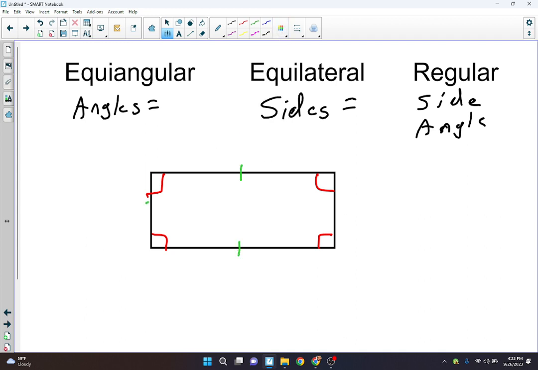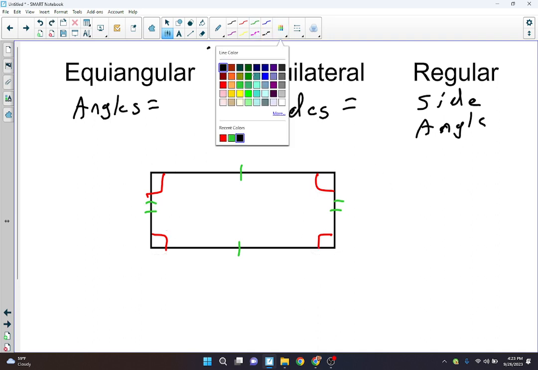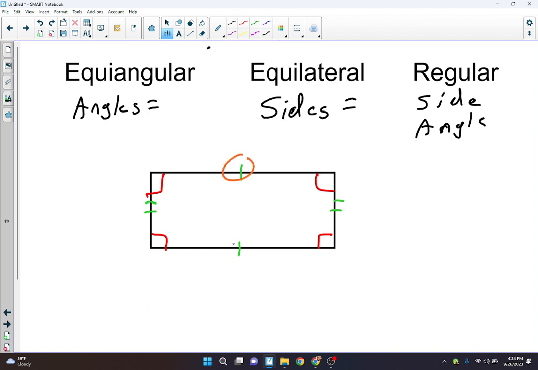Now, let me talk a little bit about it. This shape, I would ask you, is it equiangular, equilateral, or regular? In this case, the angles are all equal to each other, 90, 90, 90, so it's equiangular. But the sides are not all equal to each other.